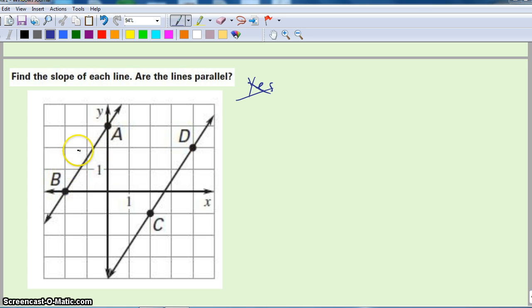So here's one line. It's on a graph. So I'm going to do rise over run. AB and CD. Start from the bottom one. 1, 2, 3. I rose 3 and I run 1, 2. 3 over 2. Now C and D. Here C to D. Start from the bottom point.